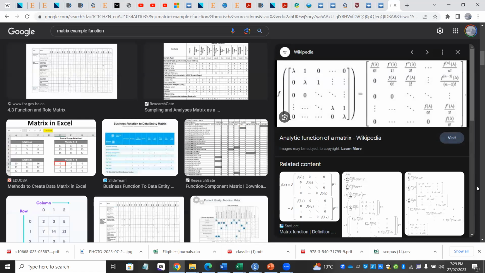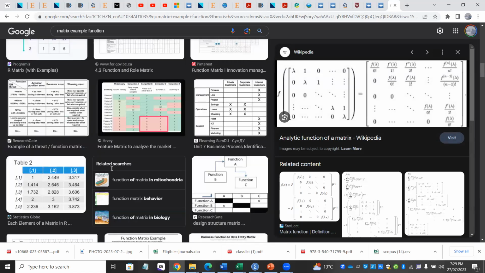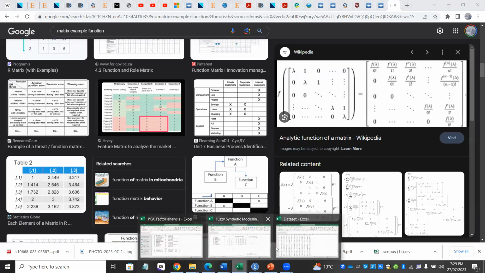And with respect to a matrix, the rows and the columns multiply and add up to get whatever answer that you want to get. So I want to use this Excel to show it to you so that you understand it.